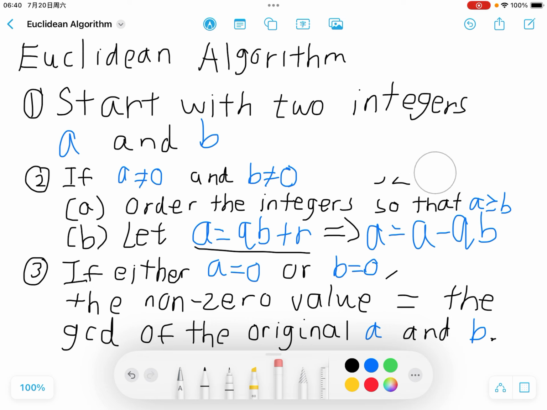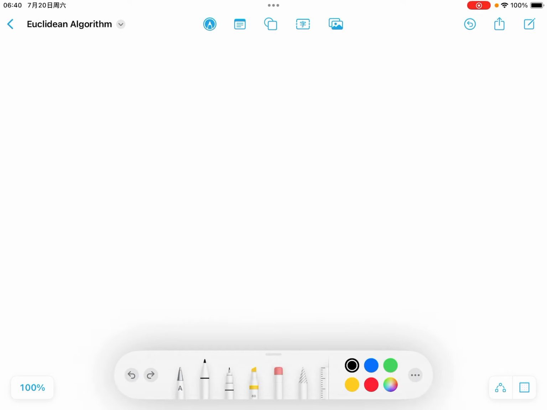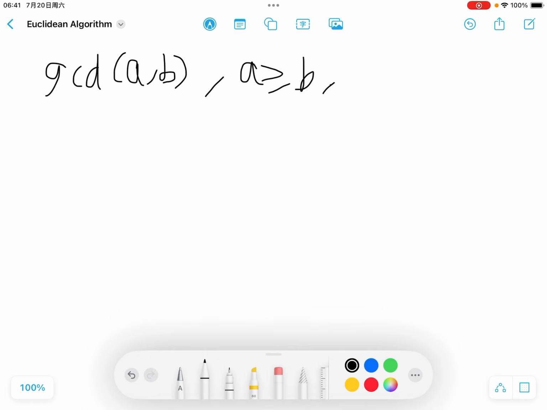So now let's prove the Euclidean algorithm. Firstly, we have to state a few things. Let's assume we start off with GCD of A and B, where A is larger or equal to B, and they're both positive.